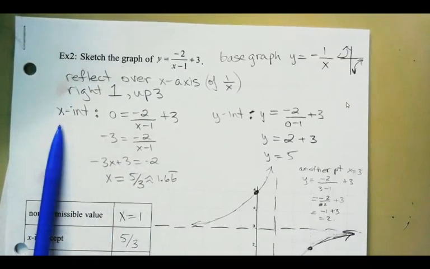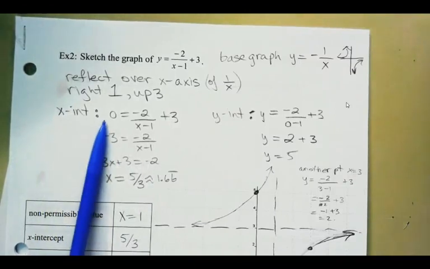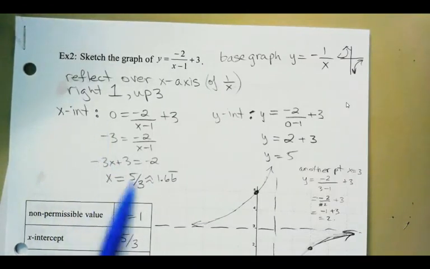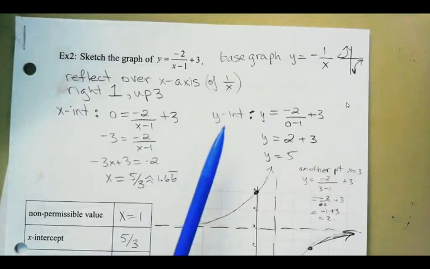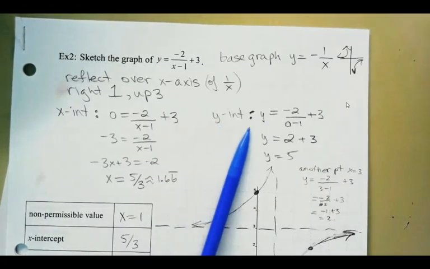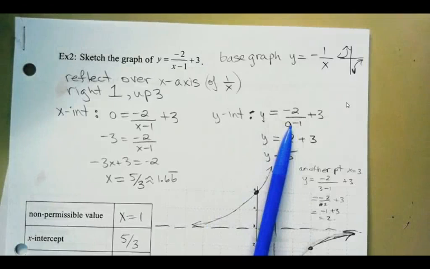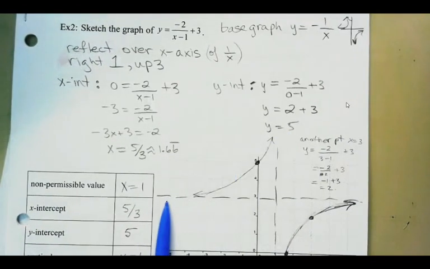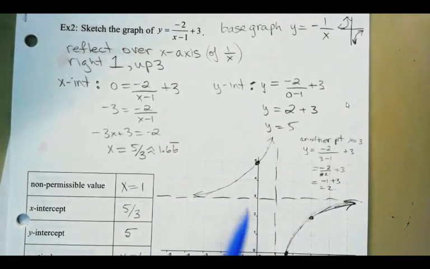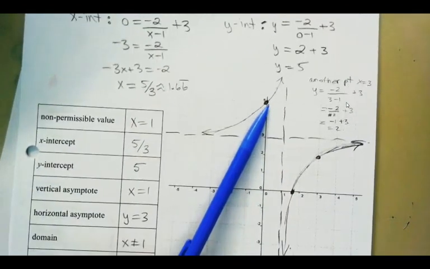Then I figure out my x-intercept. I plug in y = 0, and I get 5/3 for my x, which is approximately 1.6. Then I figure out my y-intercept: I use x = 0, plug that in, and get y = 5. Then I graphed my asymptotes first, and then my x-intercept and y-intercept.